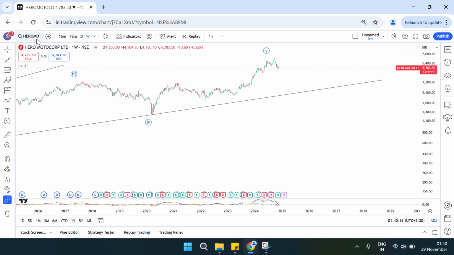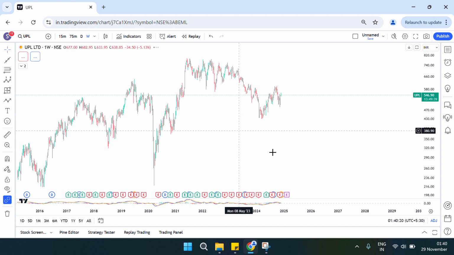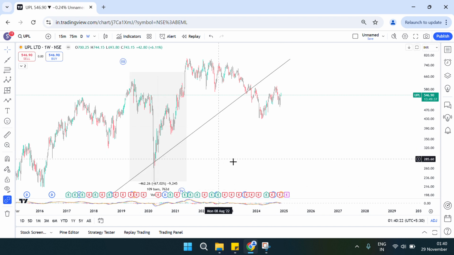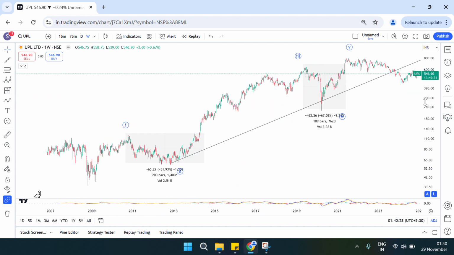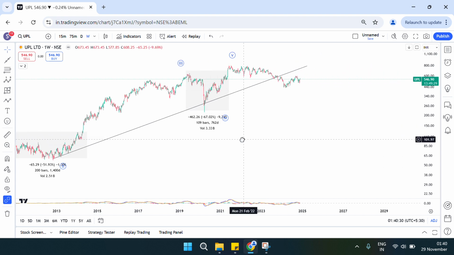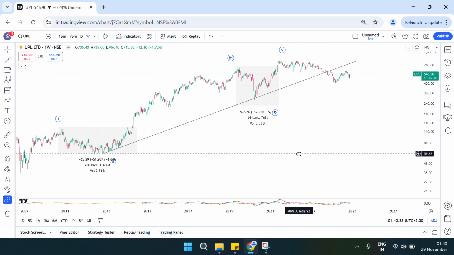And the last one is UPL. So again, in case of UPL also, we have completed one entire cycle, and since 2021, this is in a sideways movement.